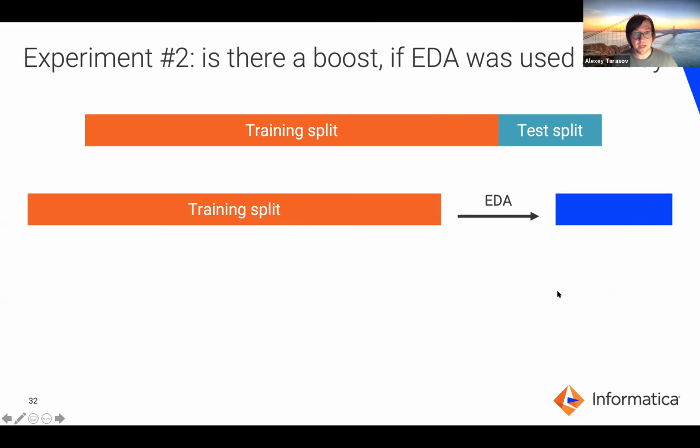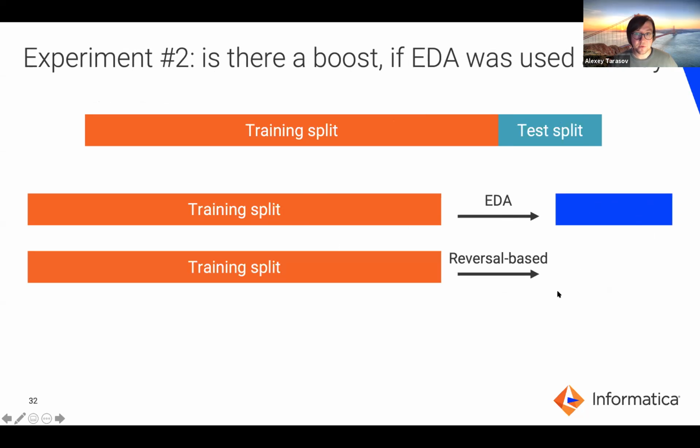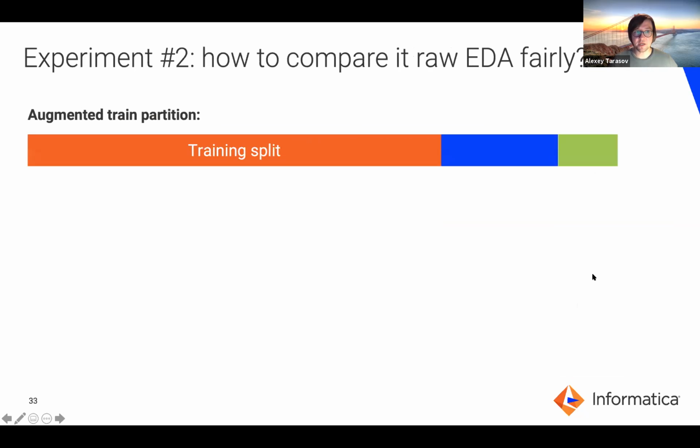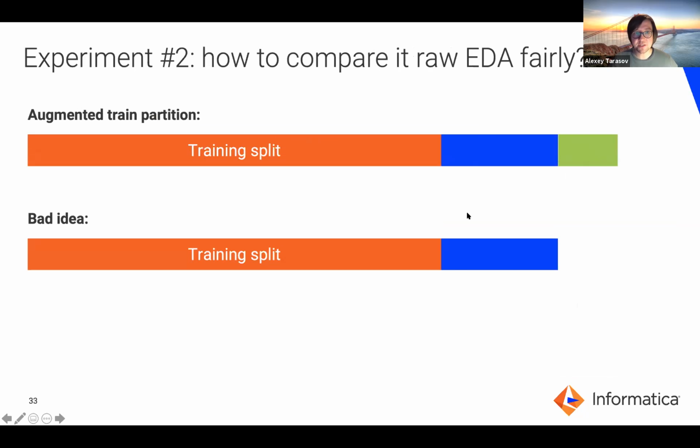So we used EDA, we used reversal-based, and how do you compare these two? What's the fair comparison? One idea is that you have this augmented train set, that's your EDA, that's your antonym-based, and you compare it to the same thing without the antonym-based augmentation.